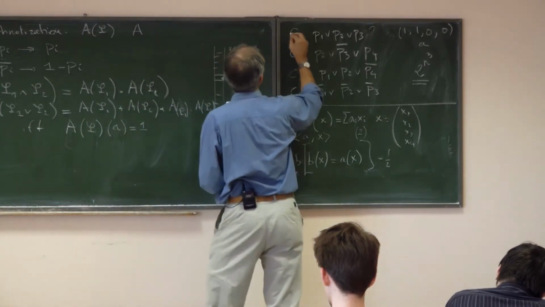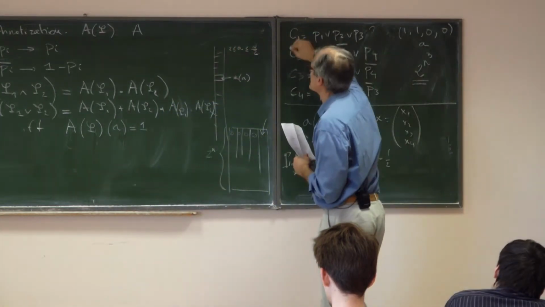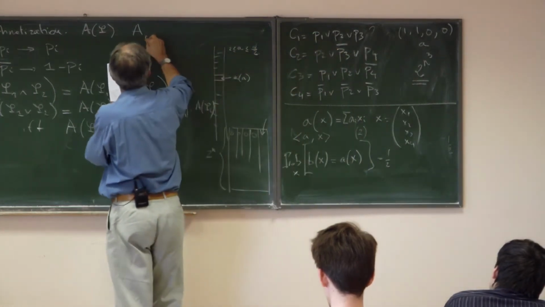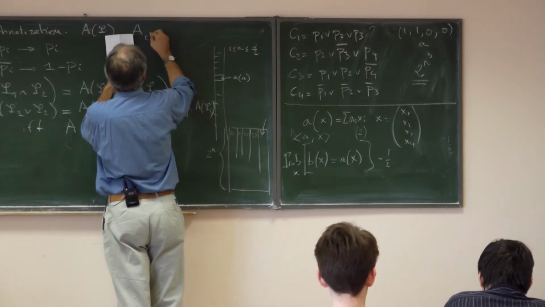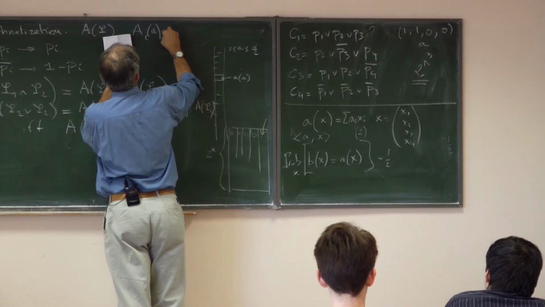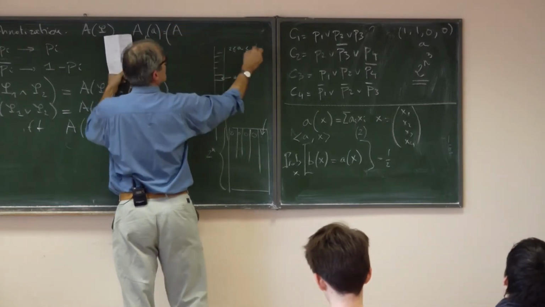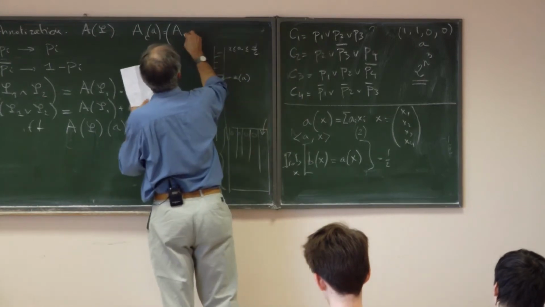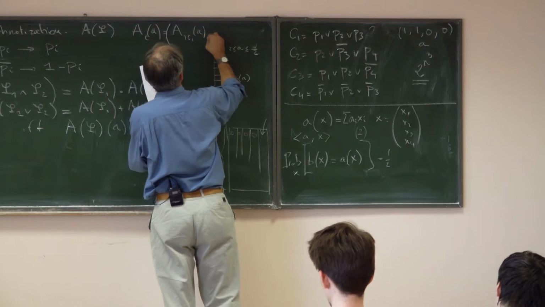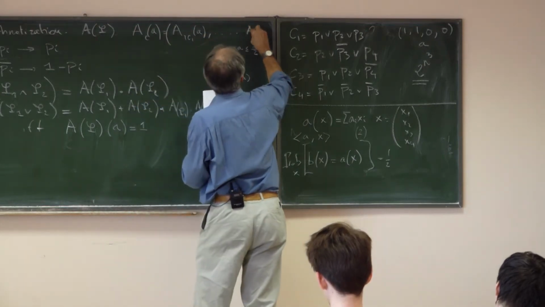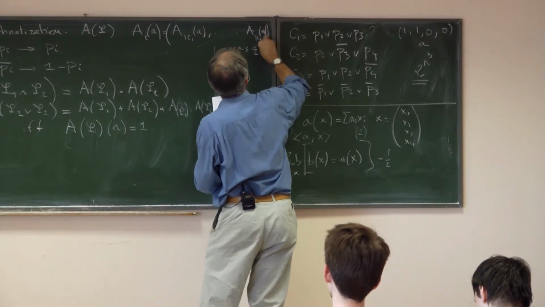Let's imagine that C is a union of these clauses. So what should be AC of A? It's going to be the vector which is not the arithmetization of C1, but the arithmetization of the complement of C1, and so on, up to the complement of C4 of A.